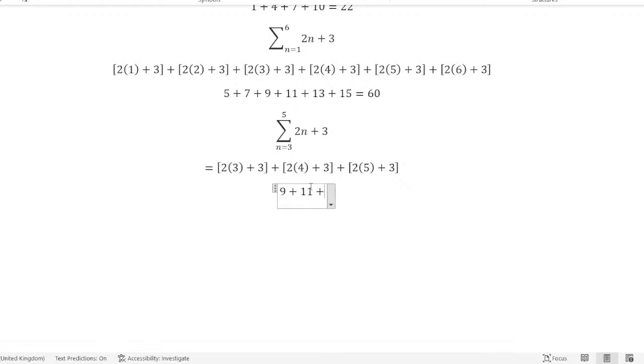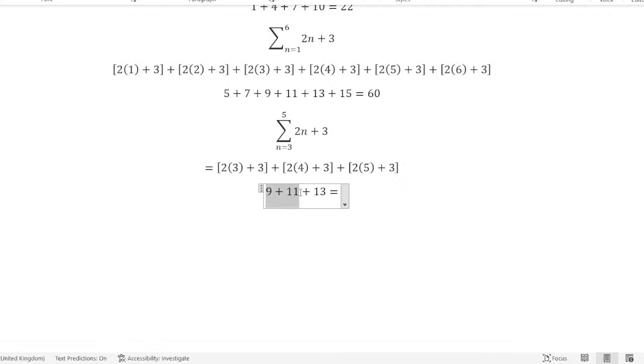Then the last one will be 2 times 5, that is 10. 10 plus 3 is 13.